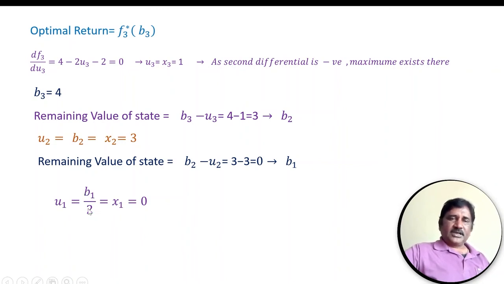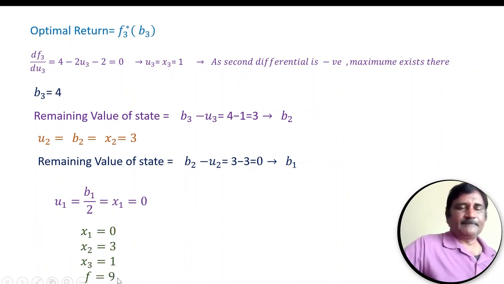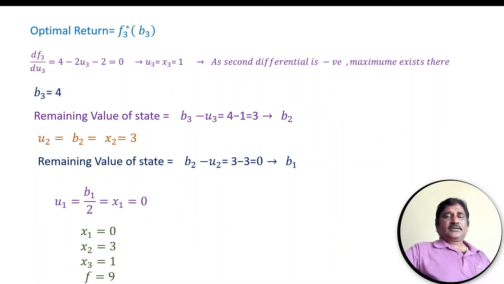In the first stage I also know that u1 is equal to x1, and therefore x1 is equal to 0. Lastly I get the solution x1 equal to 0, x2 equal to 3 and x3 equal to 1, and f equal to 9. Okay, it really took us a little longer to get the solution, that is x1 equal to 0, x2 equal to 3 and x3 equal to 1.